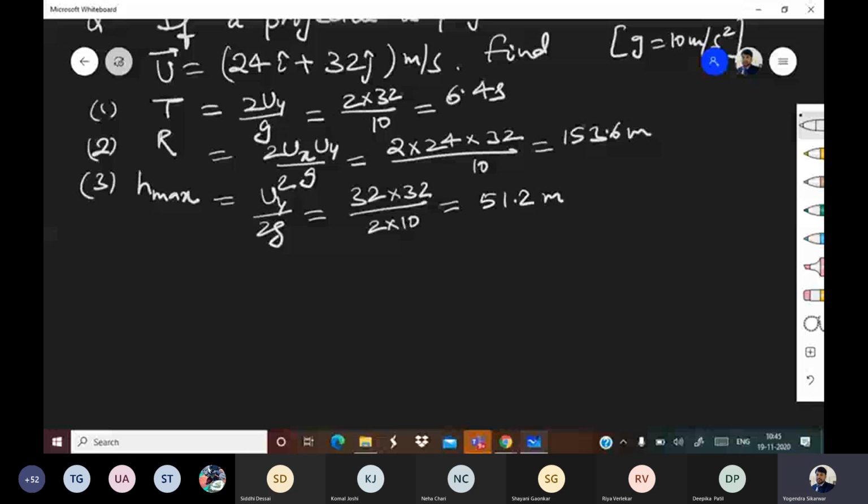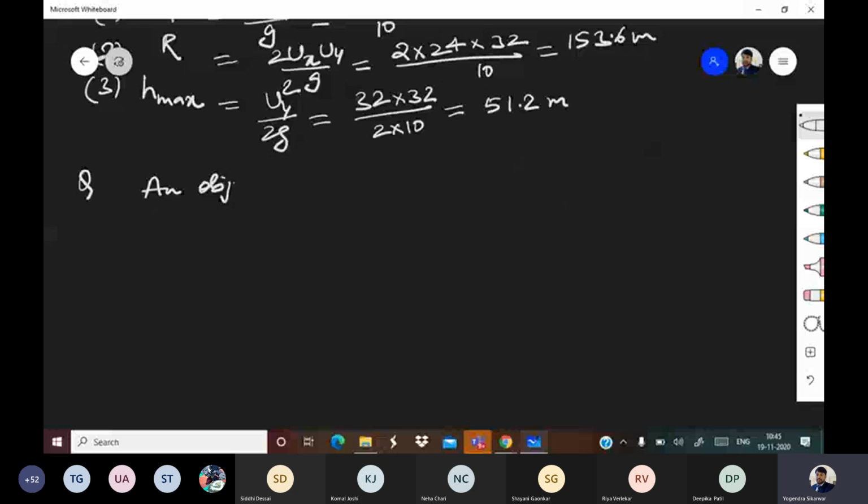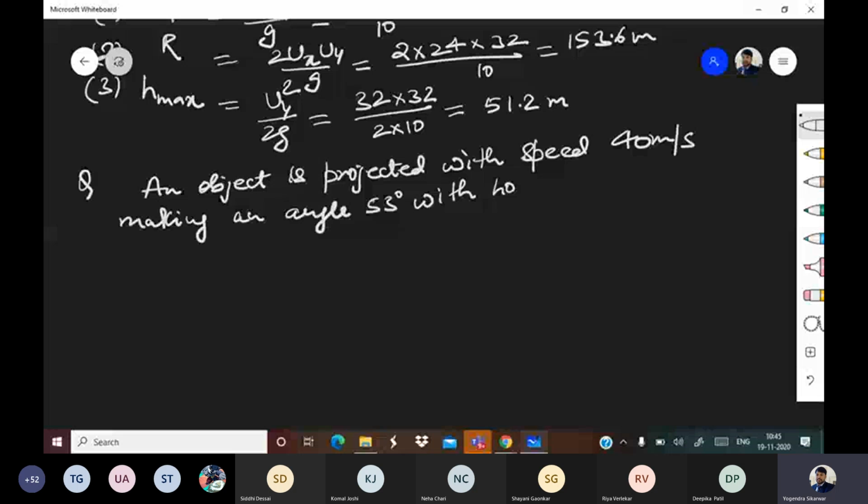An object is projected with speed 40 meters per second, making an angle of 53 degrees with horizontal.